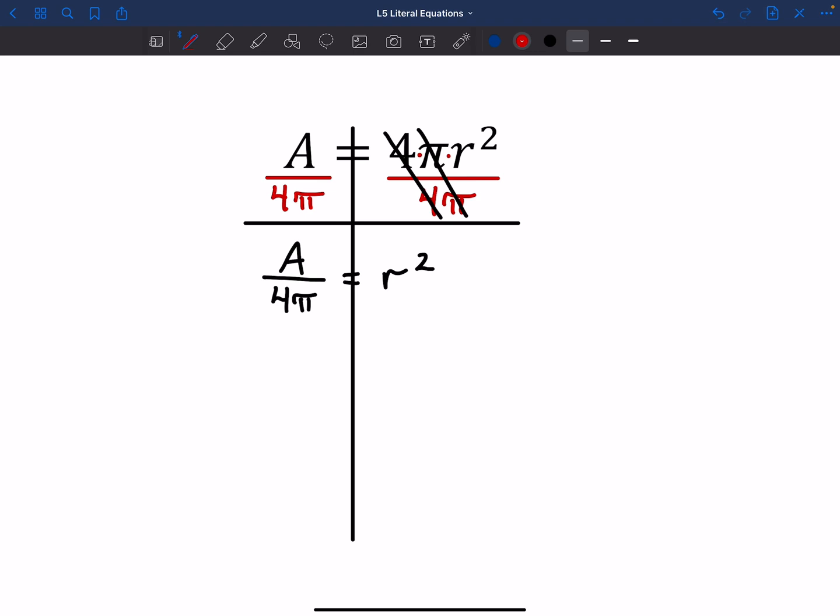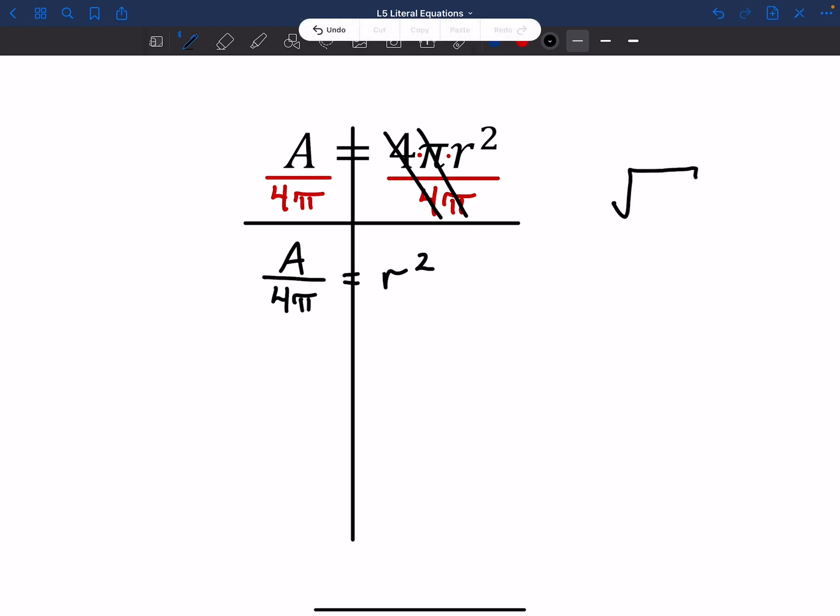So when you have something that's squared, like say, just off to the side somewhere, we had x squared. What that really is, it's x times x. And there's a way that we can undo the squared part. The way that we undo something squared is that we use the square root, which looks like that.